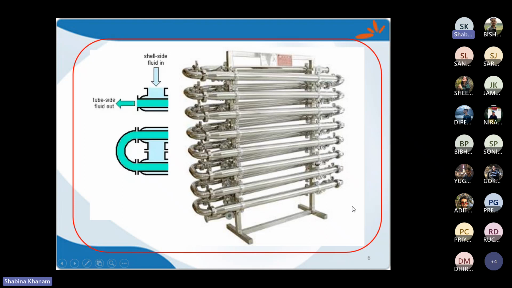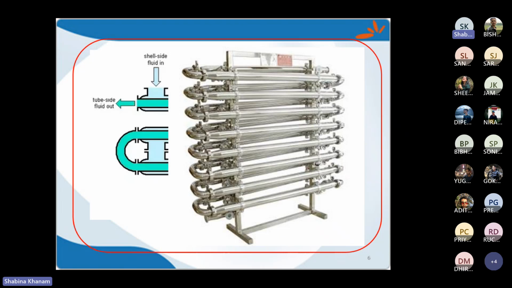This is basically 16 hairpins. And if you observe the floor area, that is very less. So the limitation of the double pipe heat exchanger to occupy more area can be compensated over here.